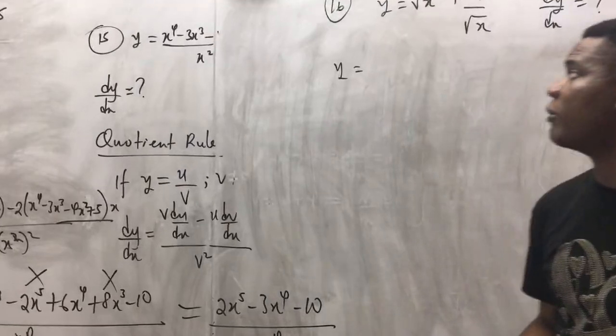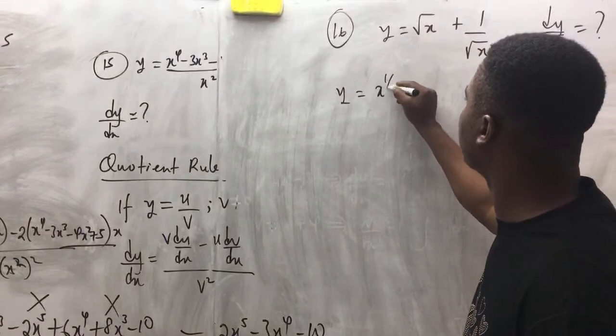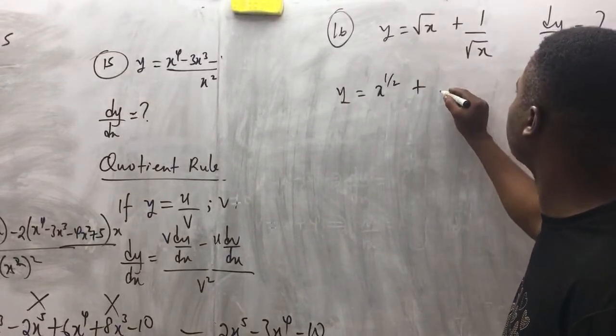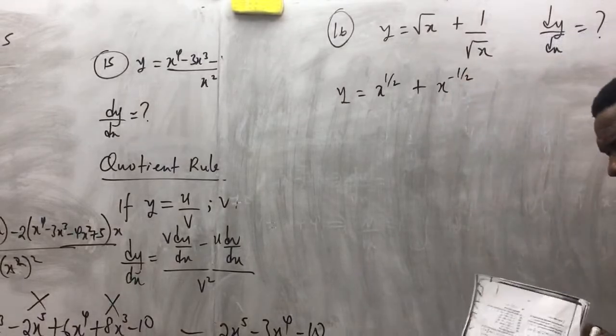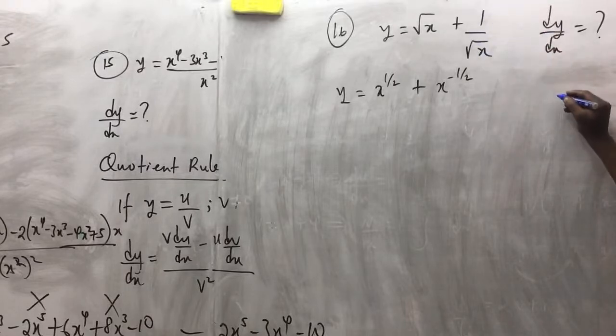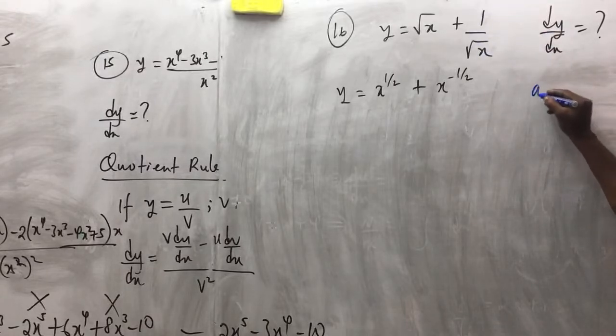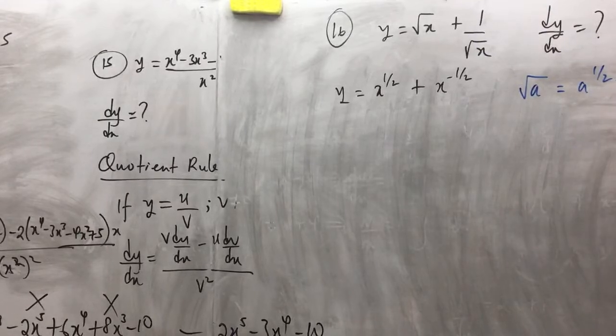For this problem, I'm going to do this. So I'm going to write square root of x as x raised to power half, and I'm going to write this as x raised to power minus half. Now, where is this coming from? Please take note. This is coming from, for the second term, take note that the square root of a is a raised to power half from indices, okay?